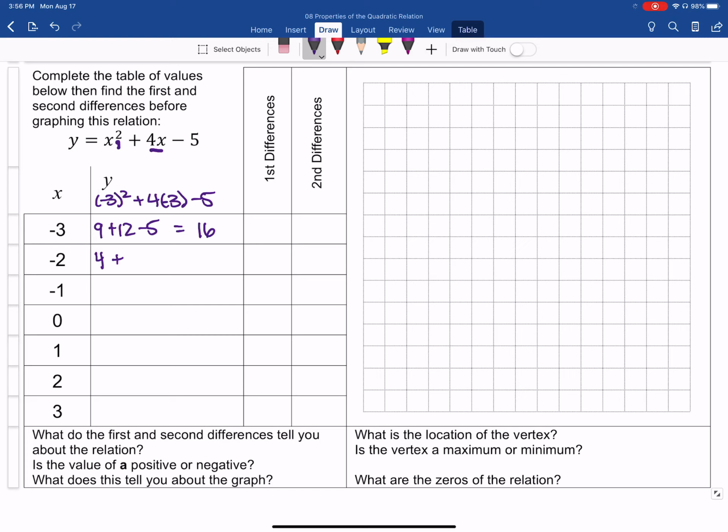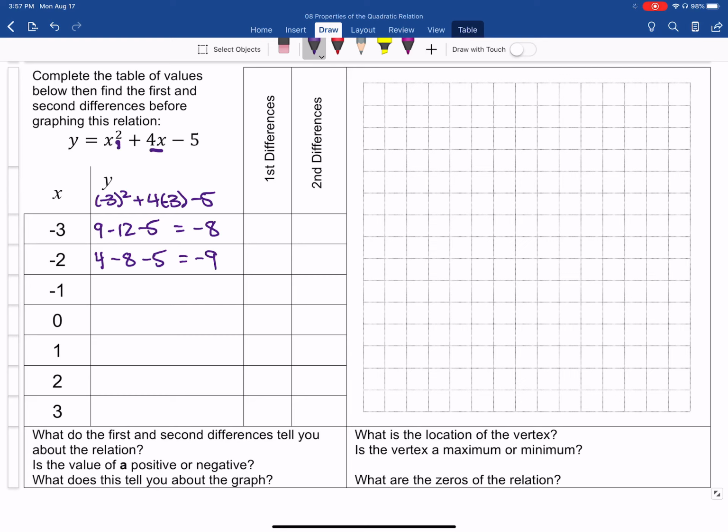This was negative 3, which changes this to negative 12, and then we have negative 8 instead. So negative 2 squared is 4. 4 times negative 2 is negative 8, minus 5, which is minus 9.